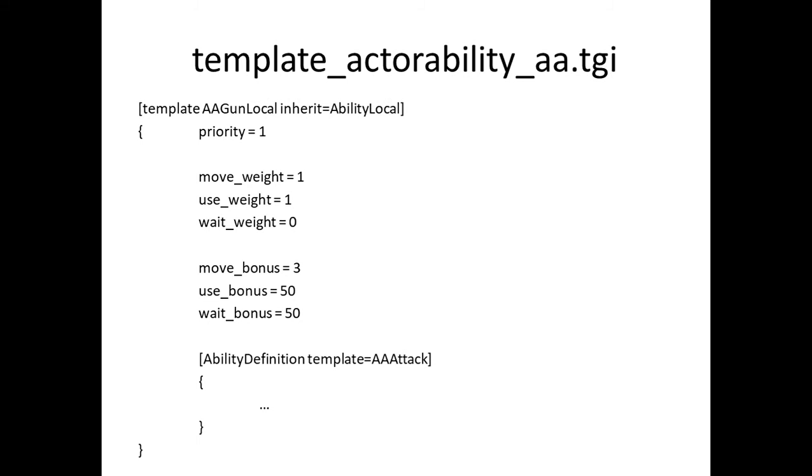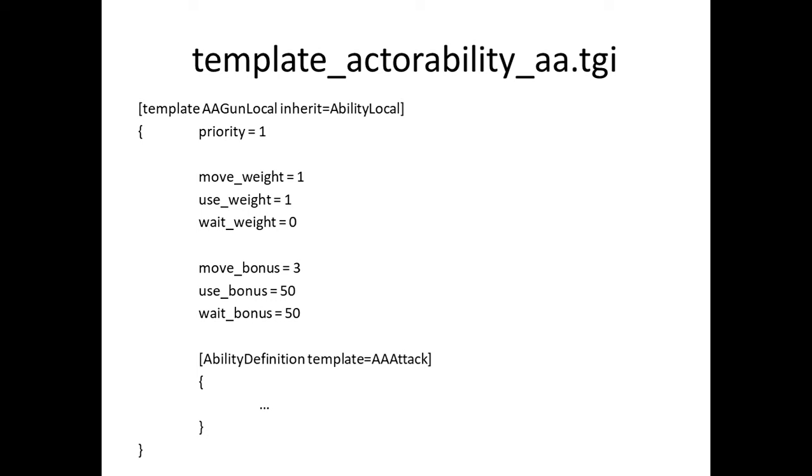So this is what the rifles, what all the individual firearms used by infantry in Axis and Allies are inheriting from. And you can see most of the values at the top, priority, move, use, weight, they're all essentially the same. And they should be. I wouldn't recommend really changing those values around. It's kind of pointless to do so.